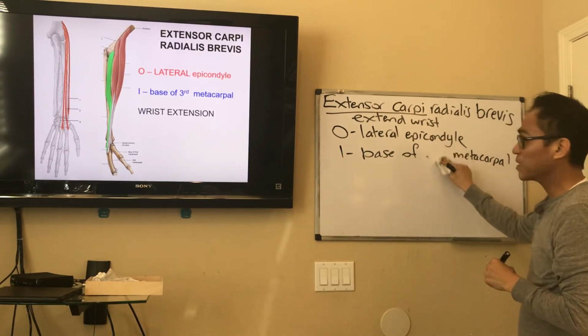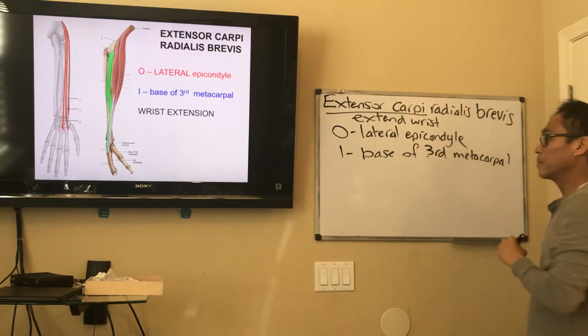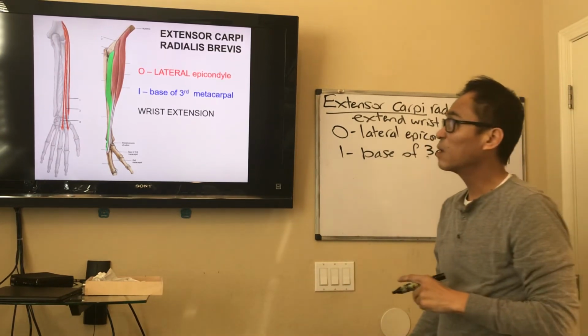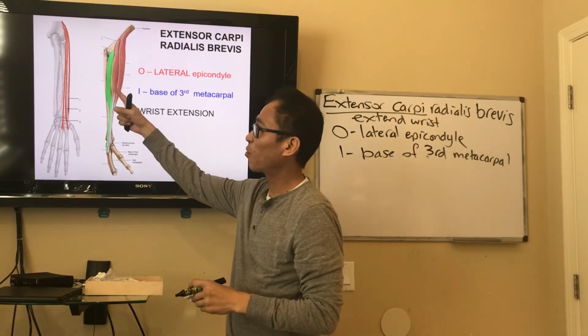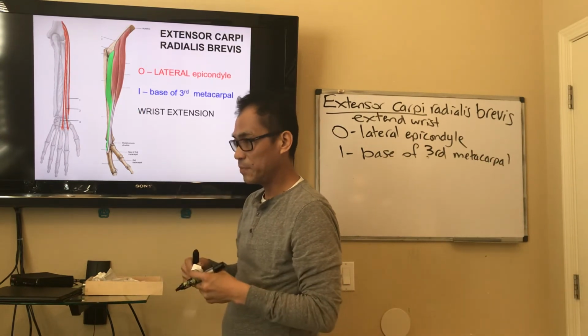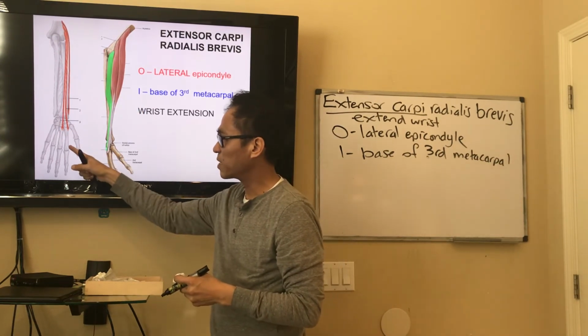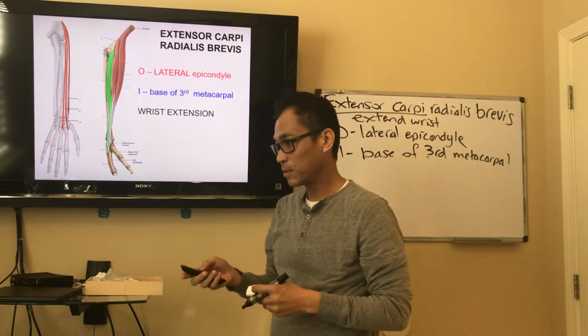It inserts base of third metacarpal. That's pretty much it. Those two muscles are right next to each other. Just don't confuse them. Remember, the longus is more superficial. The brevis is deep to it. So there's the base of the second metacarpal, base of the third metacarpal for this muscle.